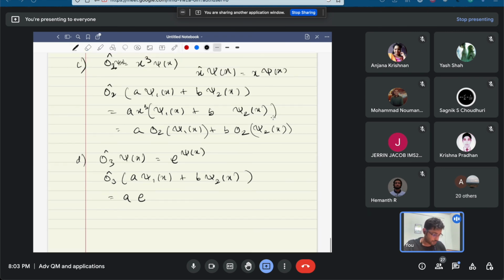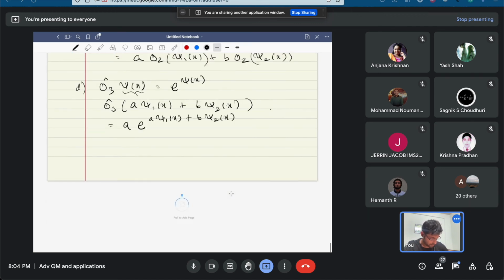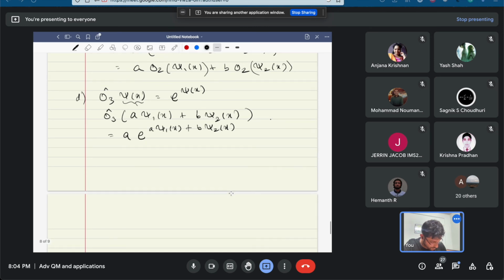And then when you multiply x cube on each of them, you get the same thing. So now this is the psi of x here. This whole thing goes into the exponential. So we have e to the power a psi 1 of x plus b psi 2 of x. Now we can write it in a different way.